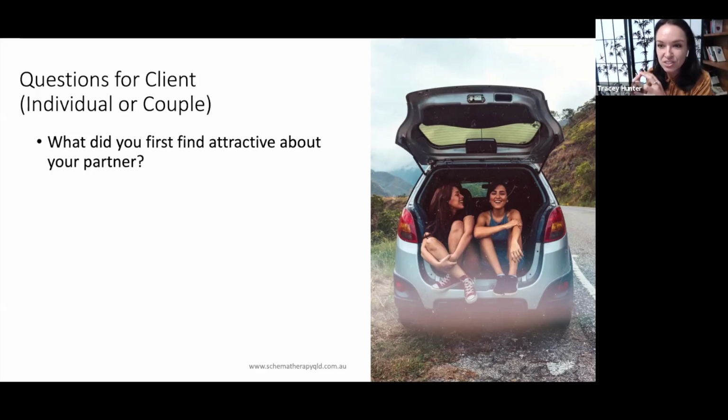That's not attraction. That's more of a codependency going on there. So you want to try and cut through that and understand, what did you first find attractive about your partner?